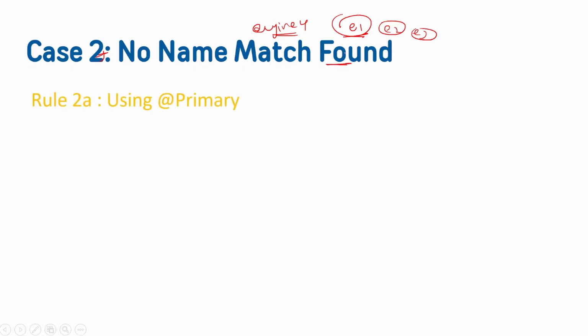So there is no name match found, because we are using engine 4, and in the Spring context we have engine 1, engine 2, engine 3. Then how can it be resolved?